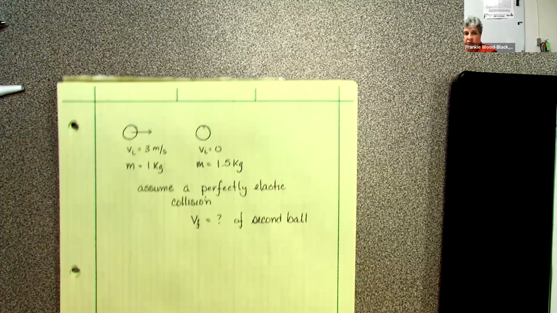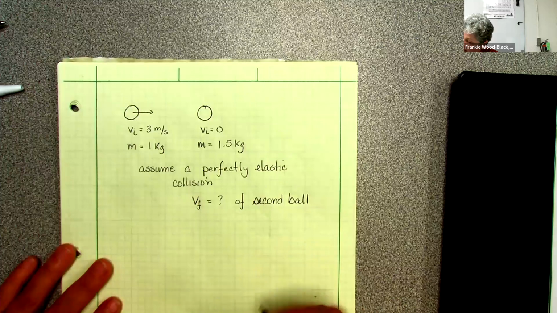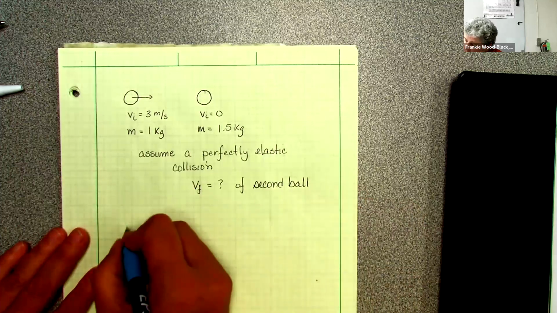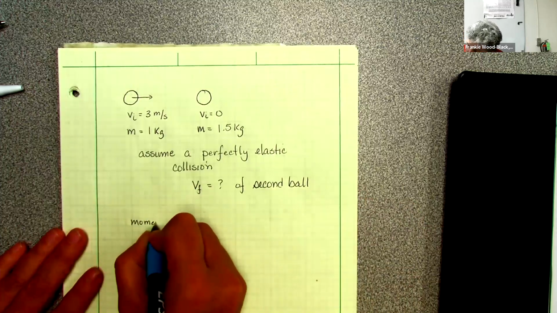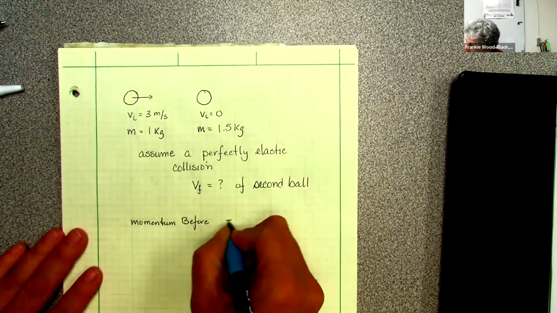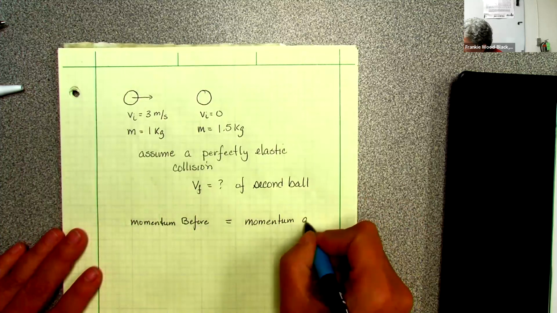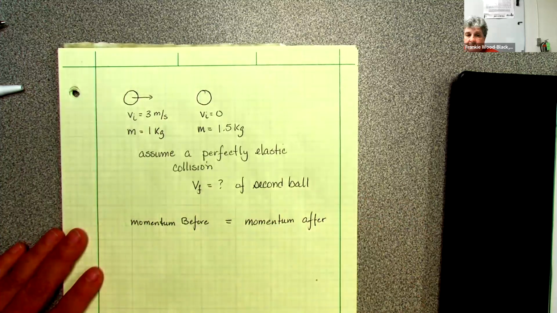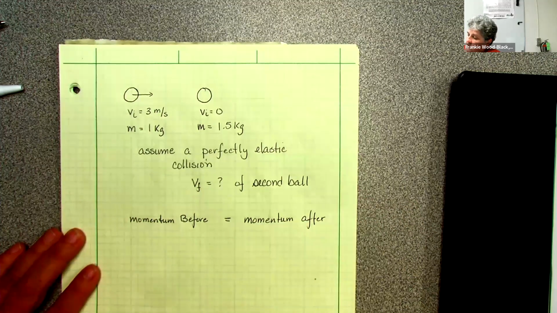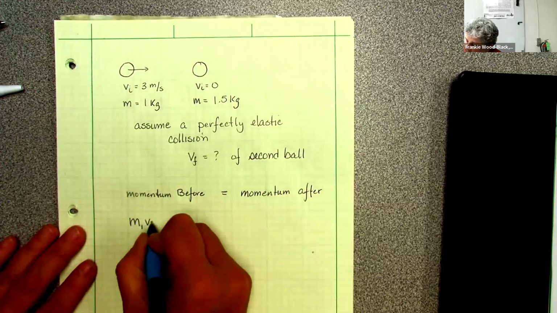Now, this one isn't going to be too difficult, but I want to walk through it because we're going to do one that's a little more difficult. I want to walk through the idea of how to do this. So we want the momentum before to equal the momentum after. So I'm going to have the mass of ball 1, the initial velocity of ball 1.